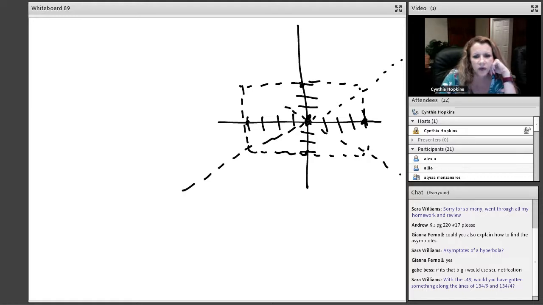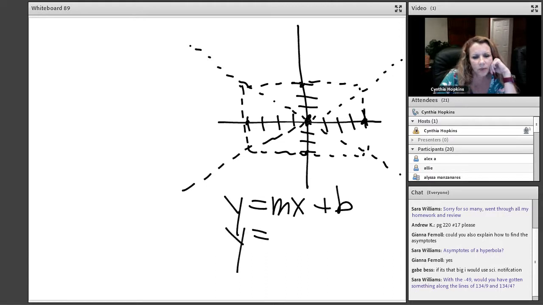Okay, so if you're going to write them in y equals mx plus b form, of course we need our slope, m, but we also need to know our b. Well, look at where these two lines cross the y-axis at 0. So my b is just a 0. And so I get y equals, let's look at how to get from one point to another. So from this center to this point right here, didn't I go up 3 and to the right 4?